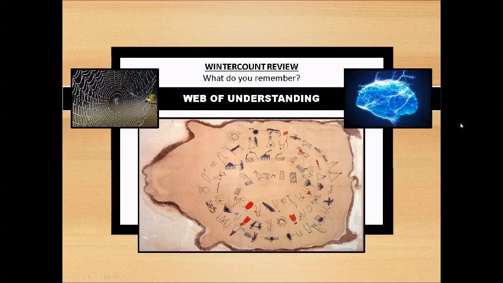We discussed the winter count art form earlier in this unit. Go back and think about what you remember for the winter counts.